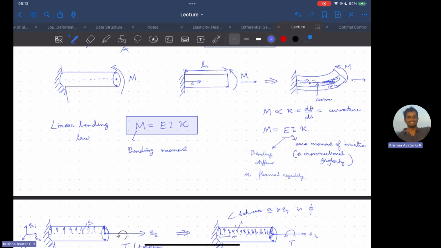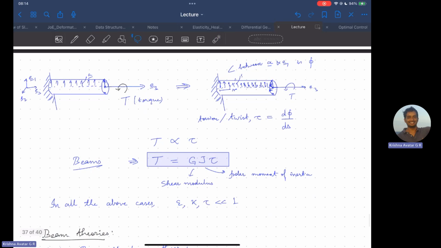I is the area moment of inertia, and it's a cross-sectional property, which is to say that it's a geometrical property. And then we have this linear bending law, which is M is equal to EI kappa.